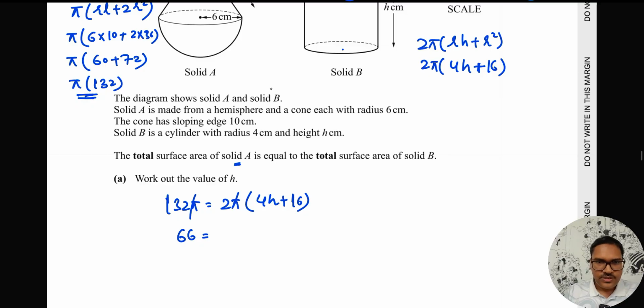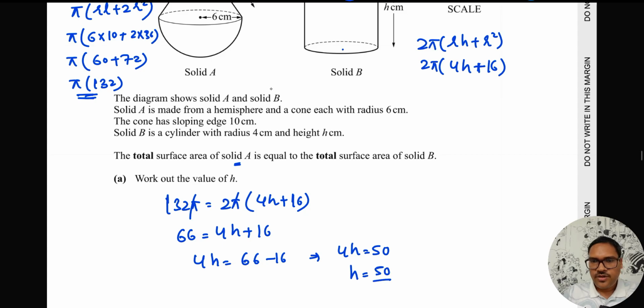Right? 66 is equal to 4h plus 16. So 4h is equal to 66 minus 16, which is 50. H is equal to 50 by 4, which is 25 by 2, which is 12.5. So this is 12.5 centimeters. Okay, so that is the answer.